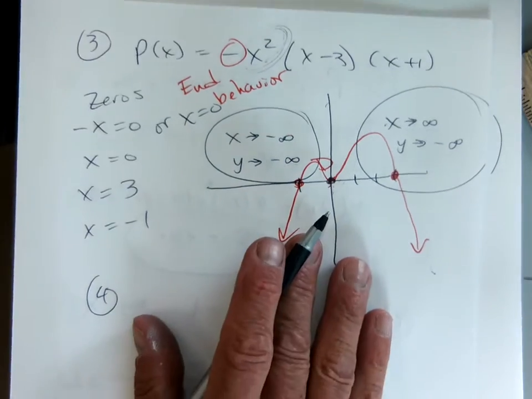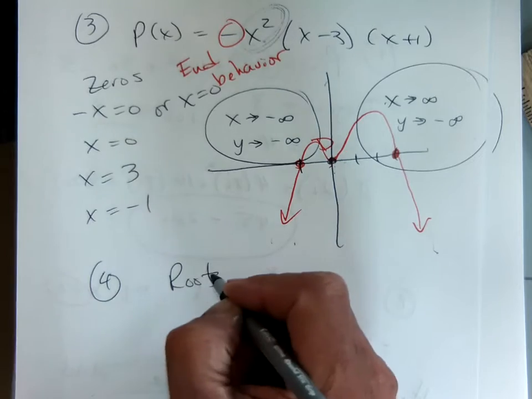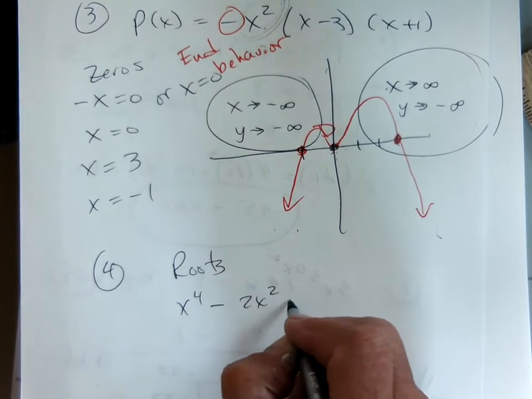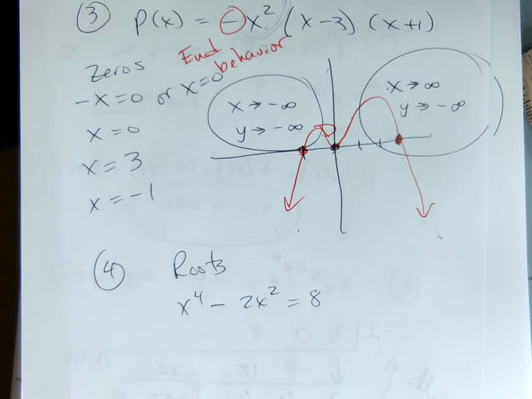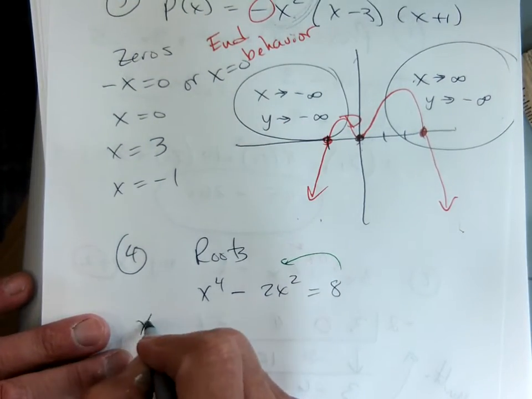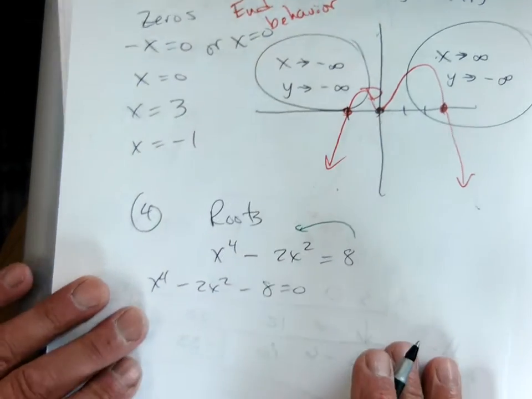Okay, number 4. I need those roots. I've got x to the 4th minus 2x squared equals 8. Now we know there's 4 answers. Everybody agree? So let's bring over the 8. I'll have x to the 4th minus 2x squared minus 8 equals 0.